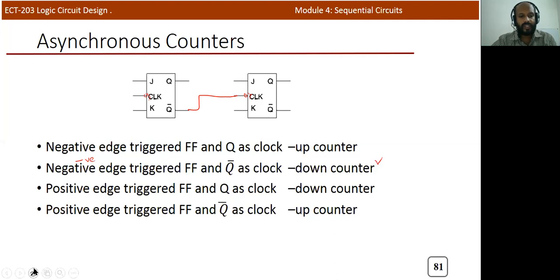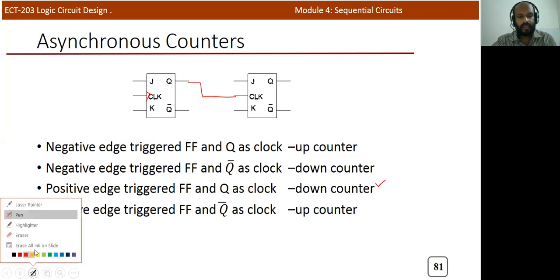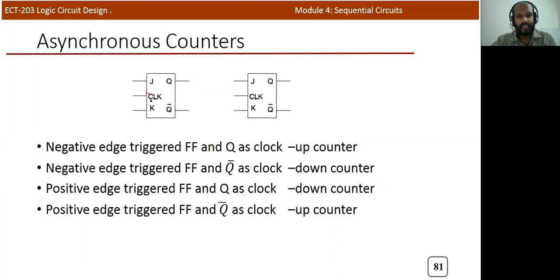And now we'll discuss another possibility, that is the clock signal is positive and the Q output is connected. So here it is positive, then it is known as a down counter. And another possibility, this clock signal is again positive, but we are connecting Q bar to the next stage. So then it operates as an up counter.